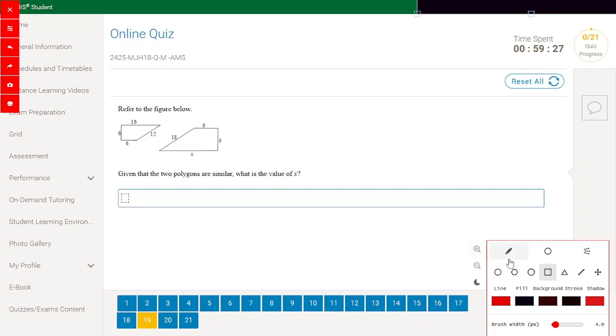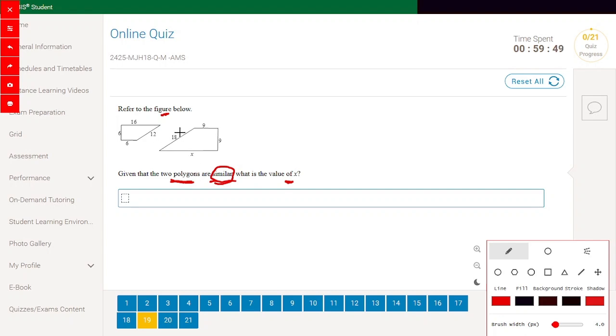Refer to the figure below, given the two polygons are similar. Same as what we said about the triangles, it's also the same with the polygons because they are similar. What is the value of x? So we look at these two figures and let's see which sides are similar to which other side.